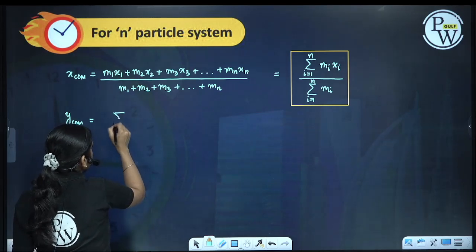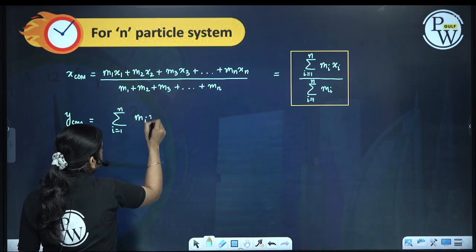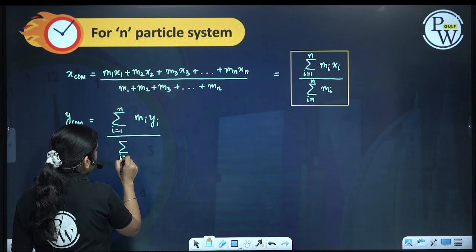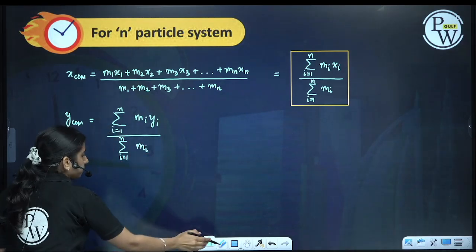Similarly, ycom will be summation i from 1 to n of mi into yi divided by summation i from 1 to n of mi.